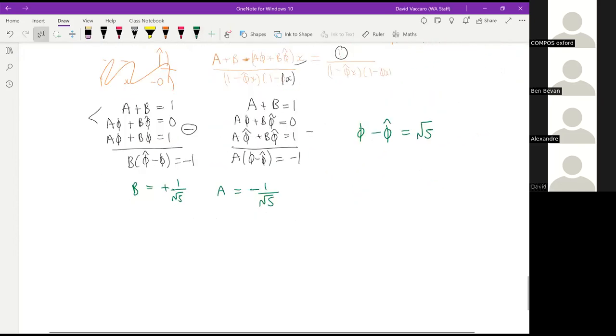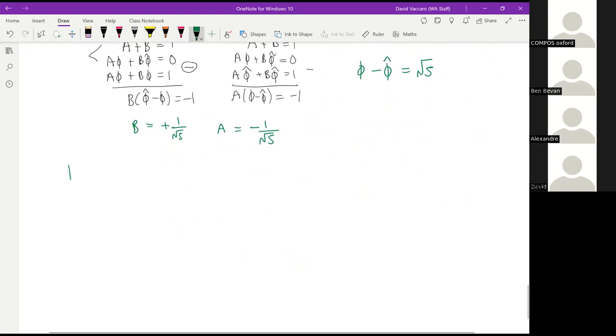Okay, so to recap, I showed in the first part that the Fibonacci sequence's generating function was 1 over 1 minus x minus x squared.